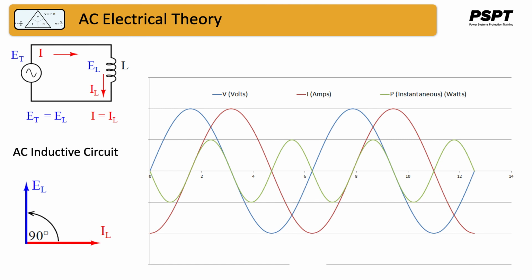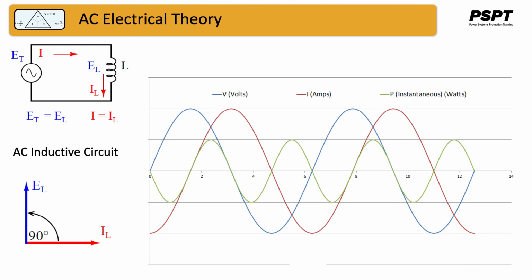As with resistors, the power is also positive when the instantaneous current and voltage are both negative, below the line. However, because the current and voltage waves are 90 degrees out of phase, there are times when one is positive while the other is negative, resulting in equally frequent occurrences of negative instantaneous power.